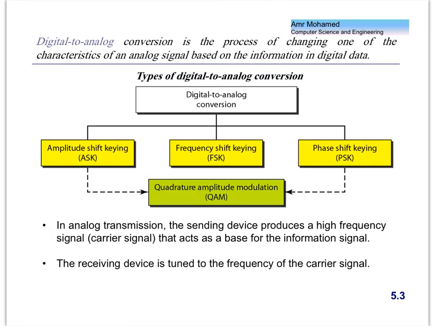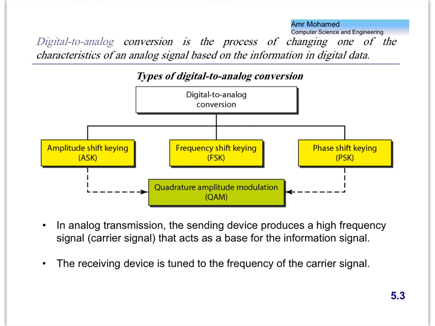All right, so this is the roadmap of this chapter. We'll talk about digital to analog conversion, and then ASK, FSK, and PSK. These schemes work on the fundamental properties of any signal, which are the amplitude, frequency, and phase, so they are mapped to these three schemes.